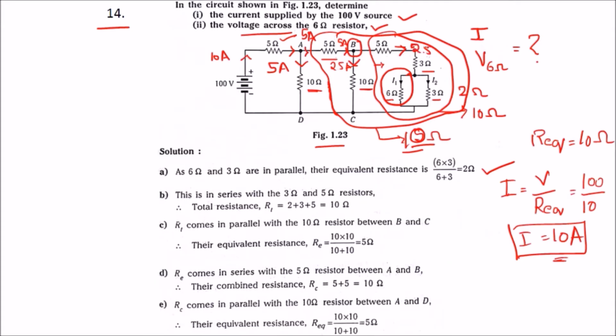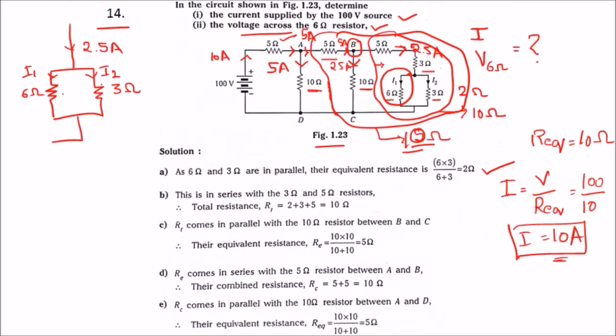So I'll write this parallel resistance here: this 6 ohm and this 3 ohm. The current coming here is 2.5 amps. Let us take this as I1 and this as I2. Here you can see the ratio. The current will divide according to the value of resistance.